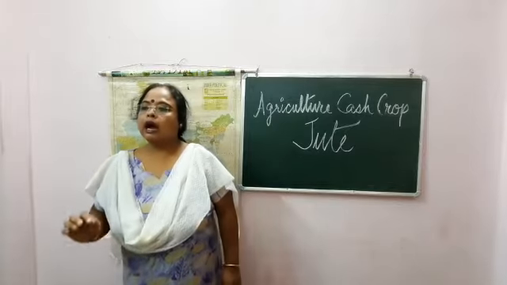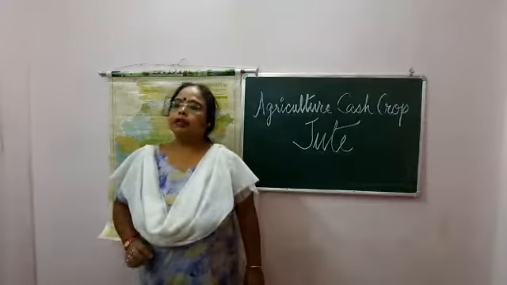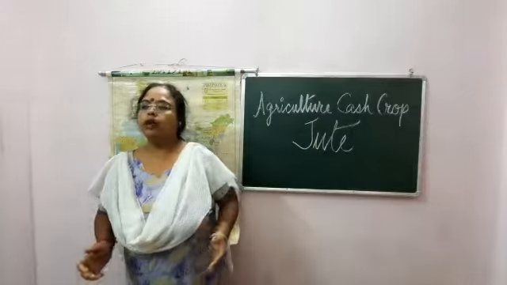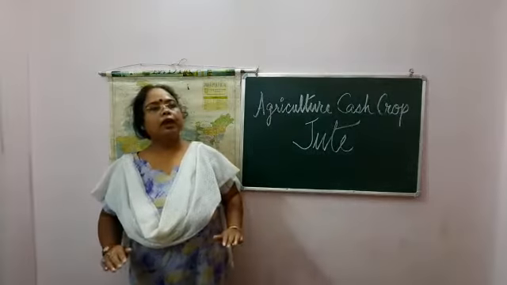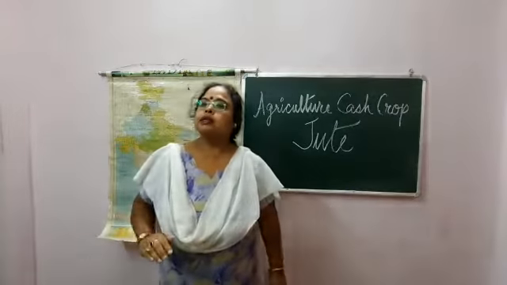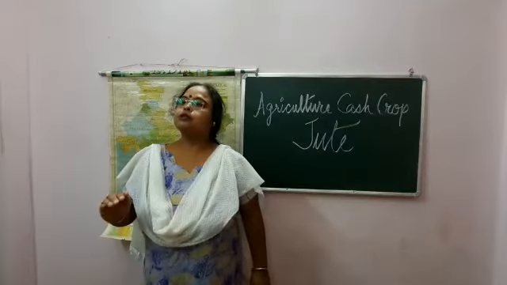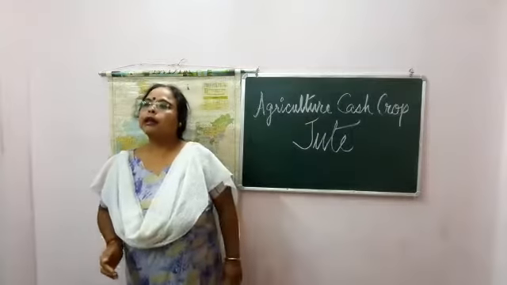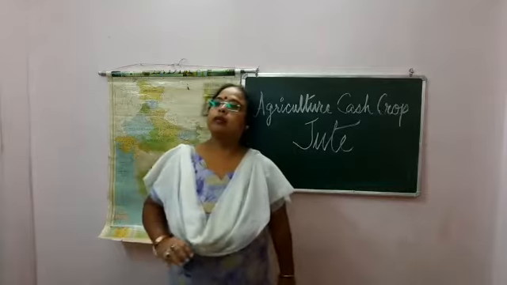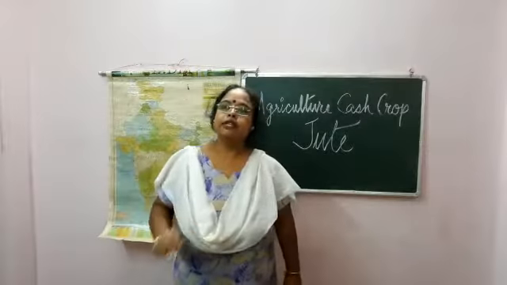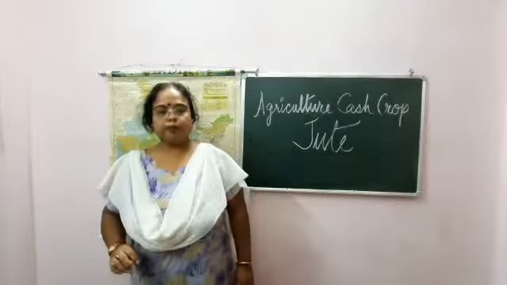White jute is hardy, highly adapted and grows well on both lowlands and uplands. Tossa jute is mainly grown in upland areas, and it cannot withstand floods.